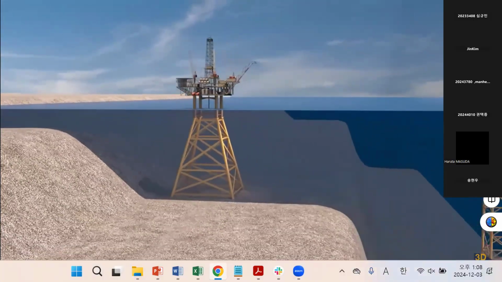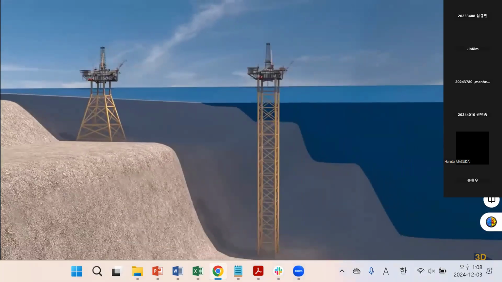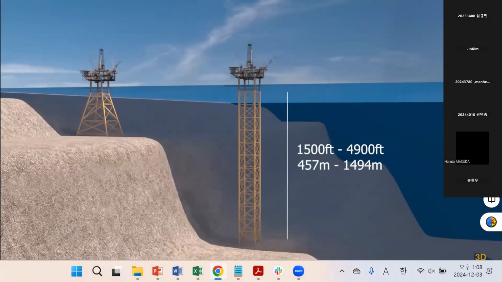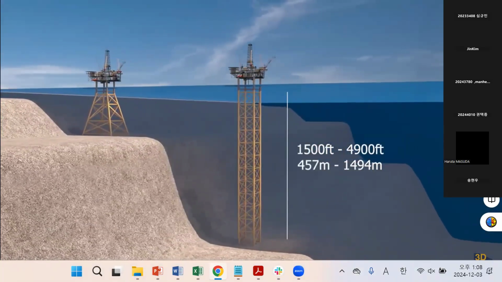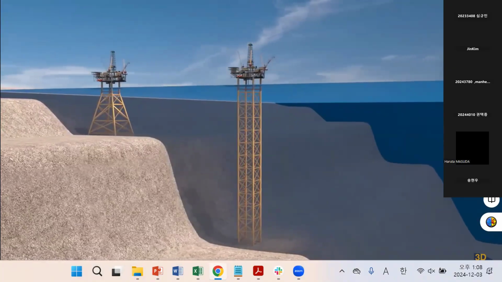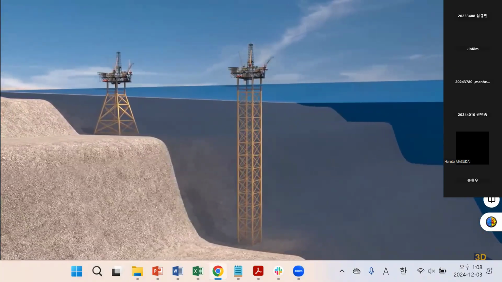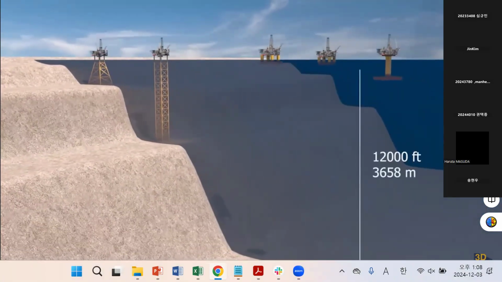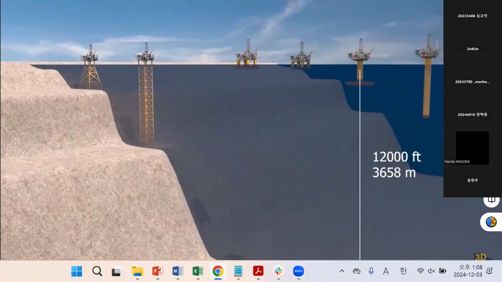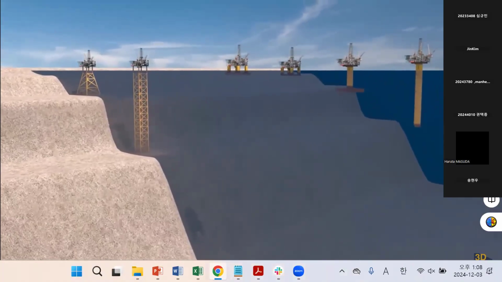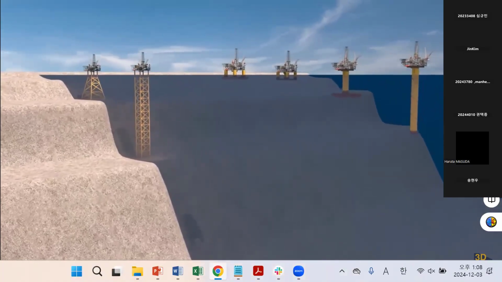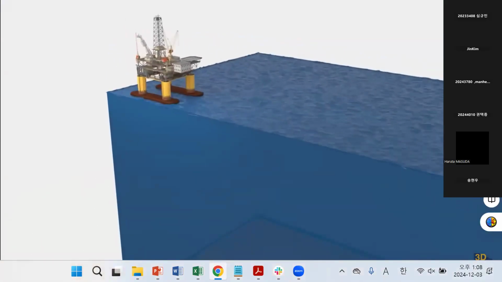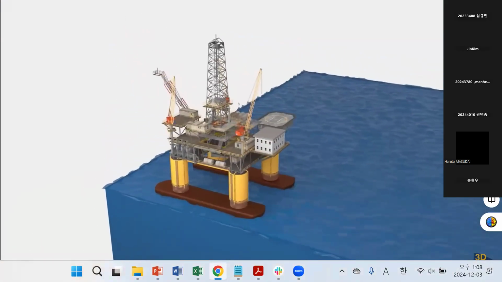From 1500 to 4900 feet, a taller fixed platform called a compliant tower will be used. For deep water, up to 12,000 feet, floating oil rigs will be used. There are several types of floating oil platform in use. In this video, we are using a semi-submersible platform as an example.